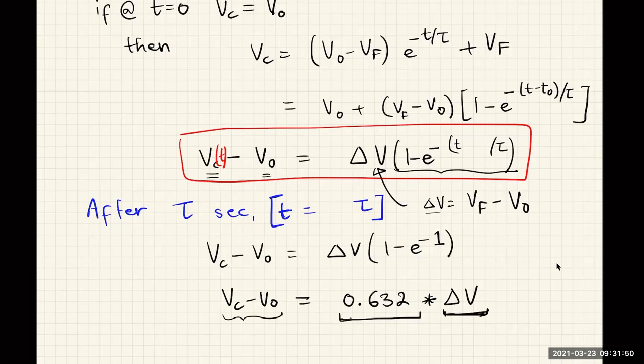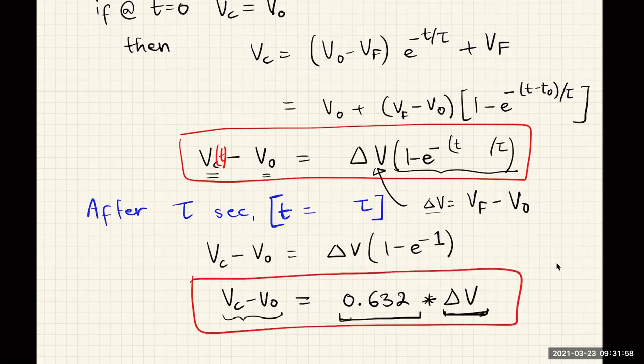And this exact relationship between the capacitor voltage and the time tau is what allows us to measure time by measuring voltages.